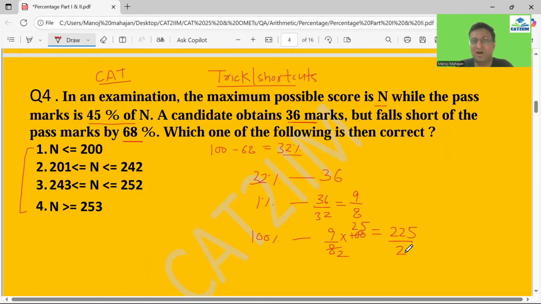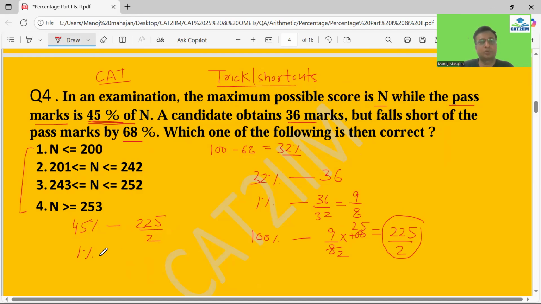Now let's see from here how we are going to calculate the value of n. I can use the basic approach also by making the equation. But the idea of the course is that rather than looking every time at the equation, can we use some trick shortcuts? What is given to us is 45% of n is actually the pass marks, right? So 45% of the number n is nothing but the pass marks, that is 225 by 2.